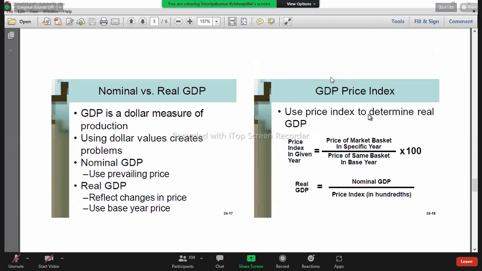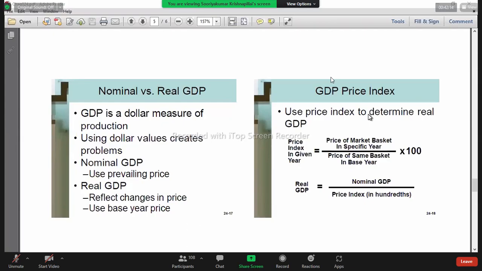So for all the years we use the same price to value the goods produced in each year. Then there is no price variation, so we can compare the value of each year's production, because that gives the real variation in output.